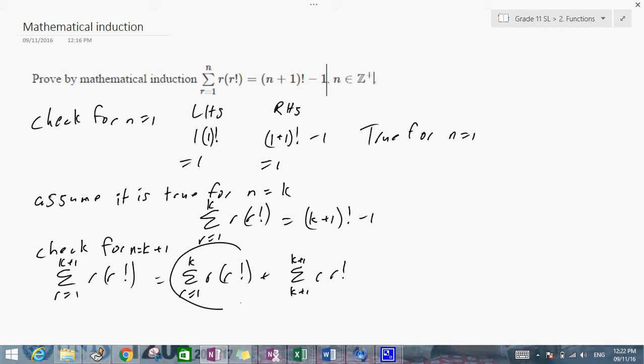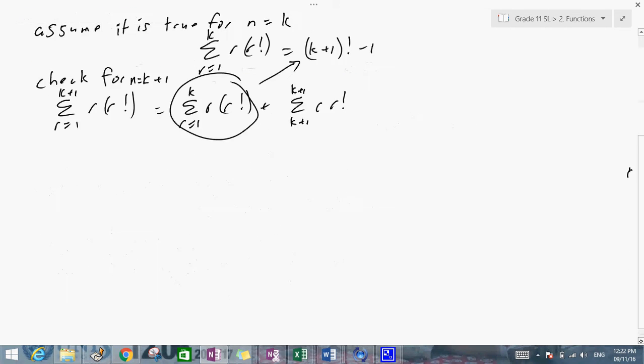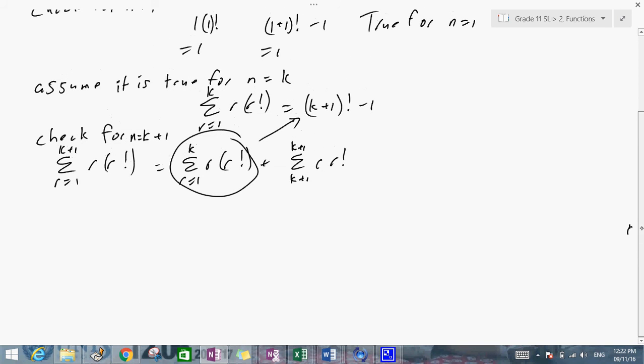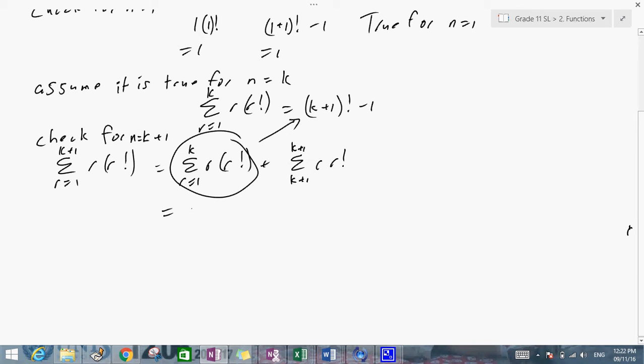And we already know what the first part is. That is just what's up here. This is equal to k plus 1 factorial minus 1.